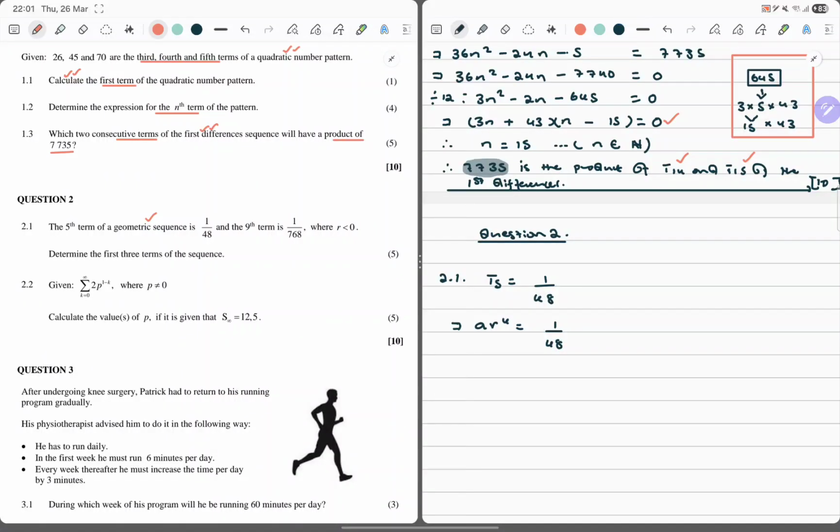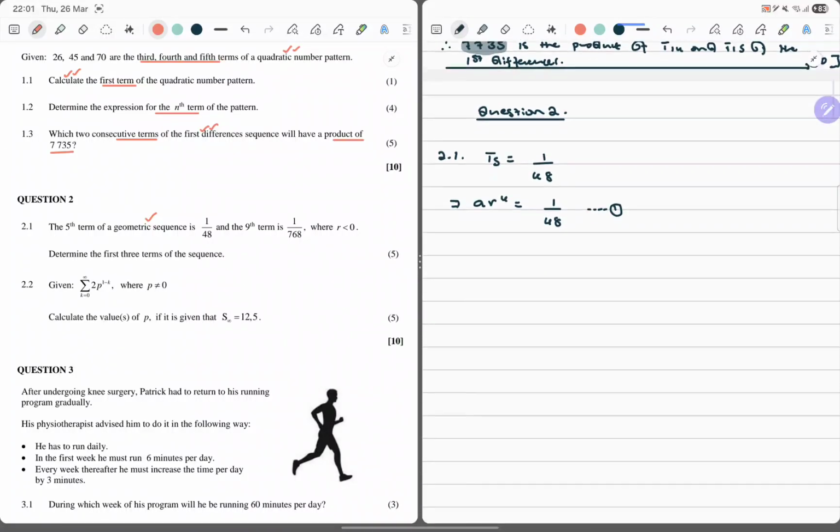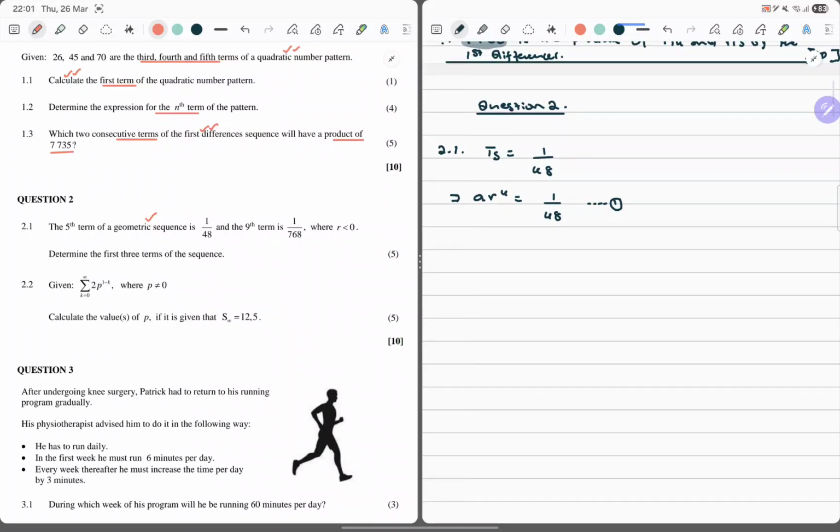That's easy. We can leave it here. It's not a big deal. So this is equation 1. It's going to be simultaneous equations. And we know that also T9 is equal to 1/768, where R is negative, so this is important.